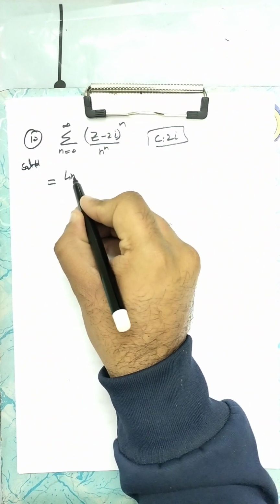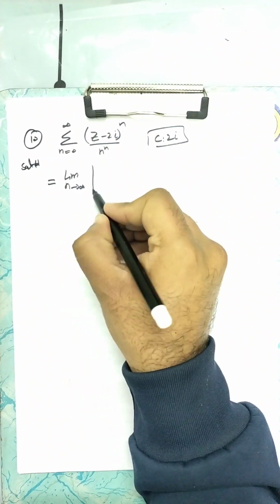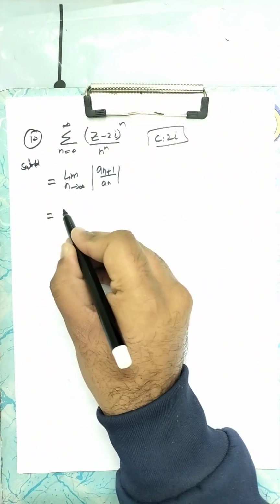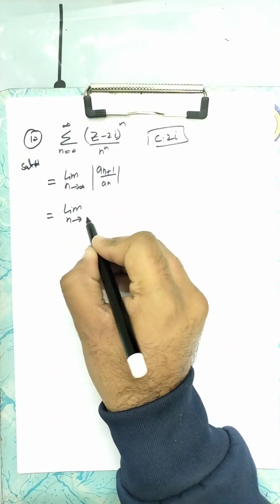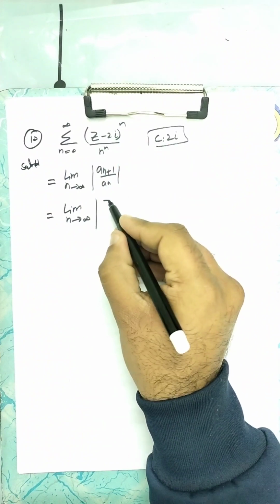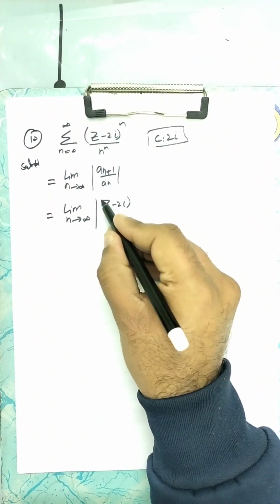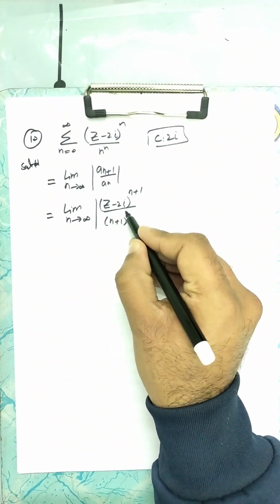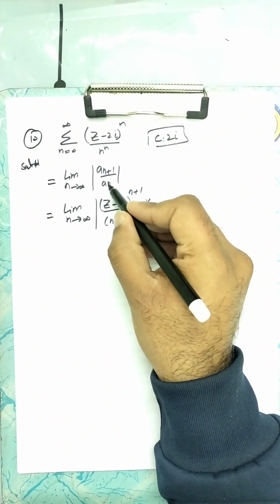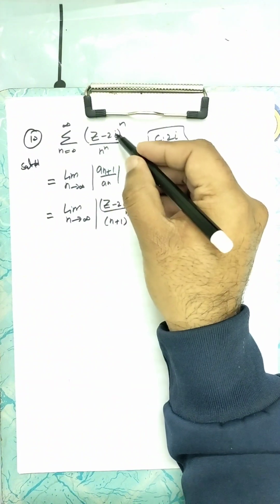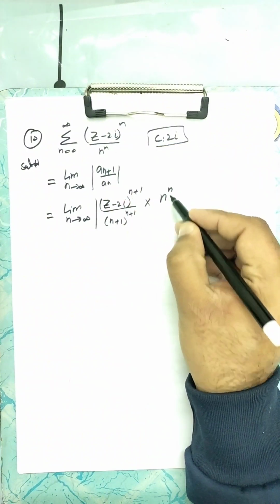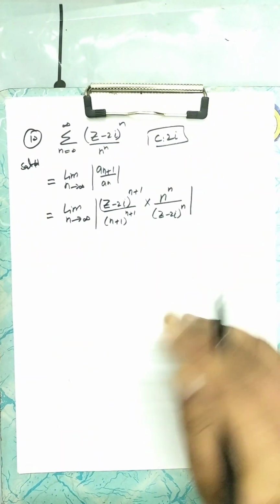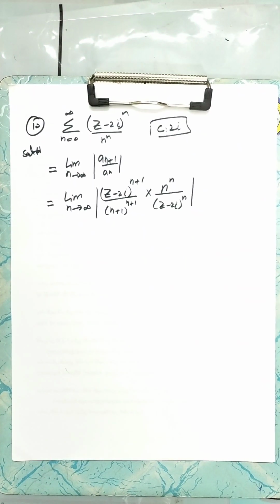So by using the Cauchy ratio test, limit n approaches infinity of a n plus 1 over a n, and this is equal to limit n approaches infinity, and a n plus 1 is z minus 2 iota to the power n plus 1 over n plus 1 to the power n plus 1, multiplied by the reciprocal of a n, which is n to the power n over z minus 2 iota to the power n.